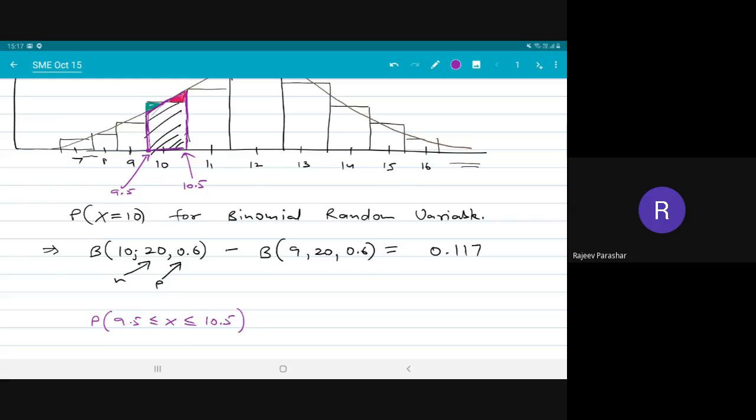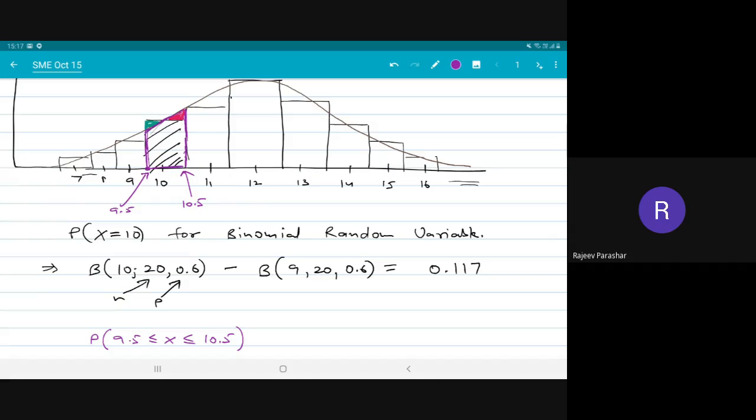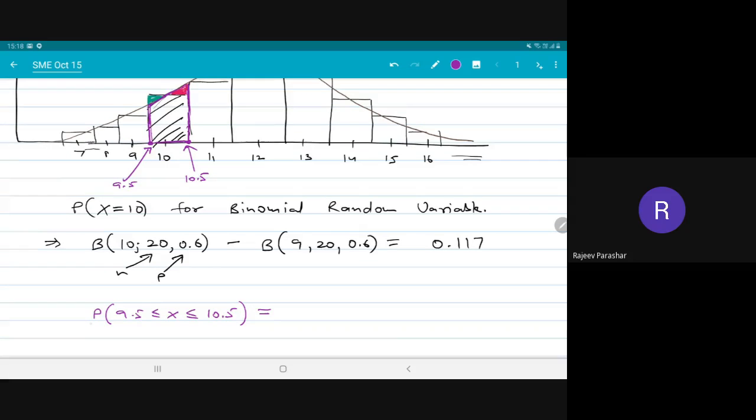Okay, is this point clear? Because 10 would be at the center of the rectangle, we need to add 0.5 to 10 while using the continuous distribution and subtract 0.5 from 10, and then we get our relevant interval. This expression is for non-standard normal distribution.